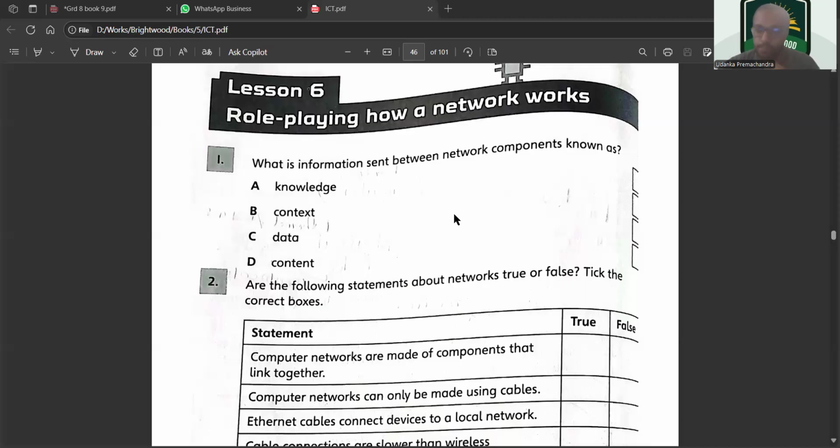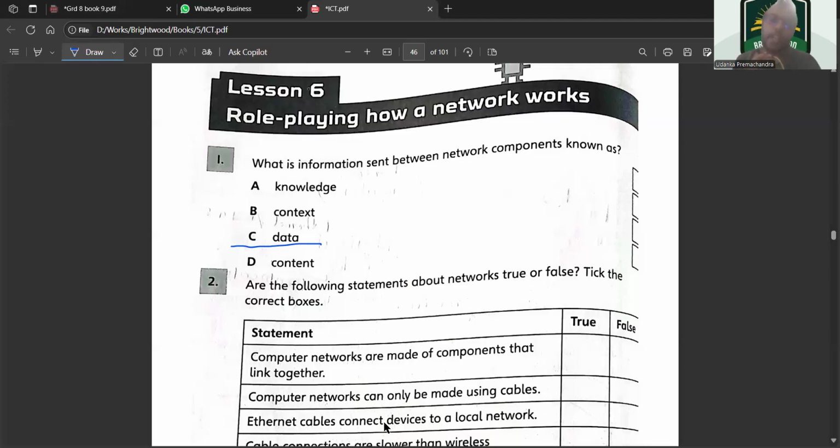What should they be sending in the network component? What are they? Yes, it should be data. When the data is combined together, we can take it as the information.